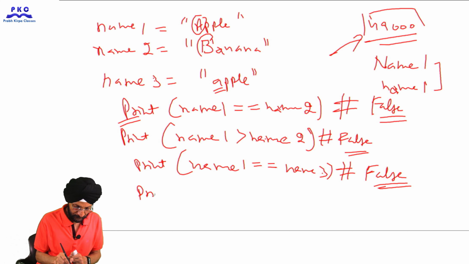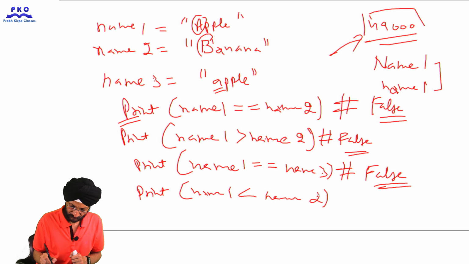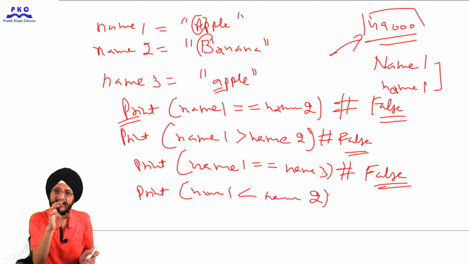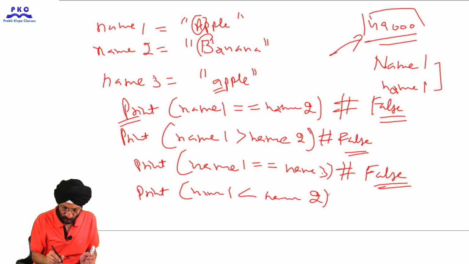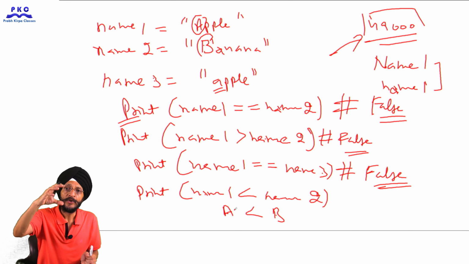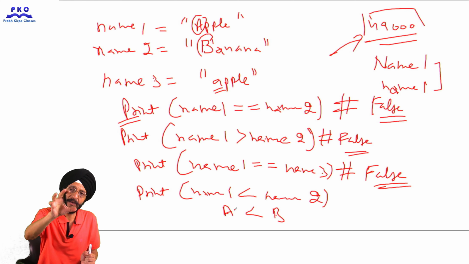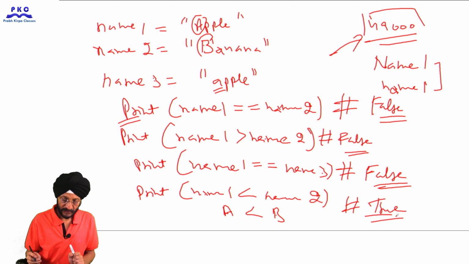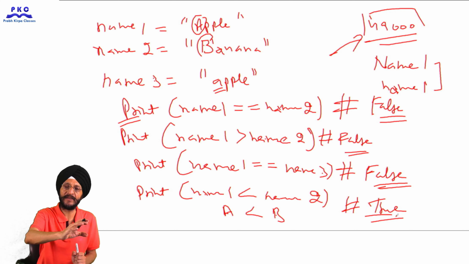So now if we write print name 1 is lesser than name 2, as already told, A has lesser Unicode value. So here we are in fact saying that A is less than B. Here we are making the comparison on the basis of Unicode value. So it is true. A also comes before B in alphabetical order.